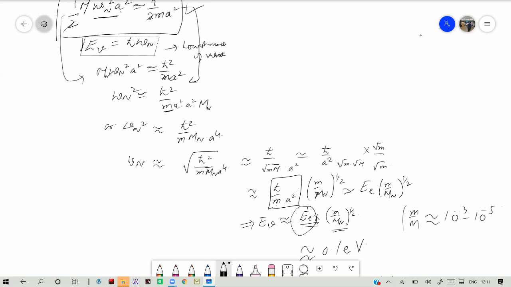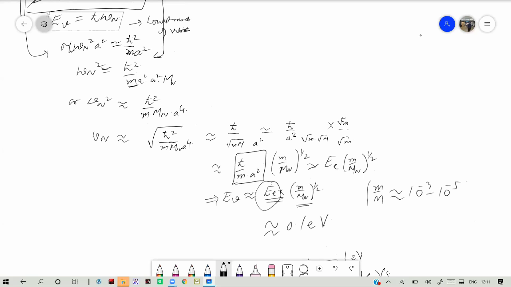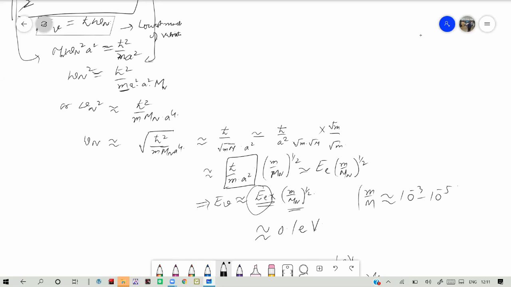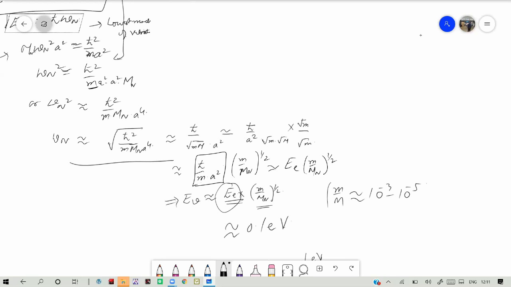So it is h cut divided by m into a. So this is what we have calculated actually as omega n here. It is h cut omega, so you have already h cut there. This is h cut square by a under root m.